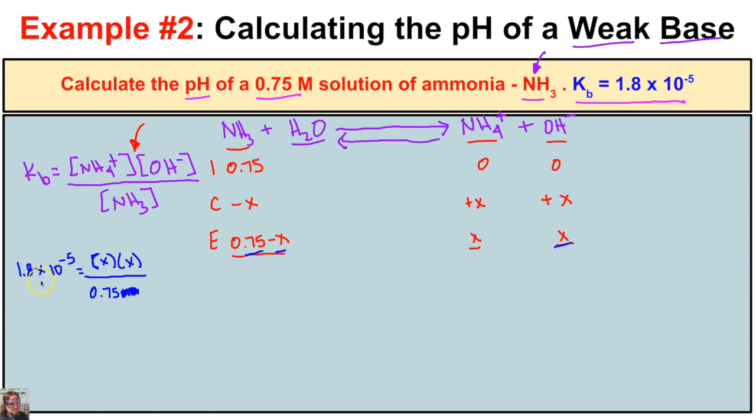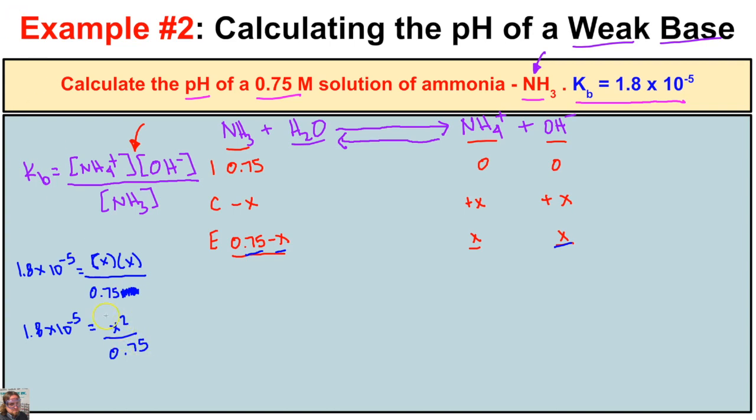And so we end up having 1.8 times 10 to the negative fifth equaling X times X all over 0.75. If we carry this a step further, we'll end up with 1.8 times 10 to the negative fifth equaling X squared all over 0.75.